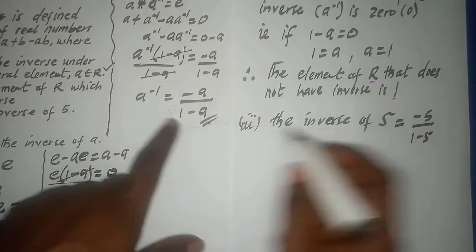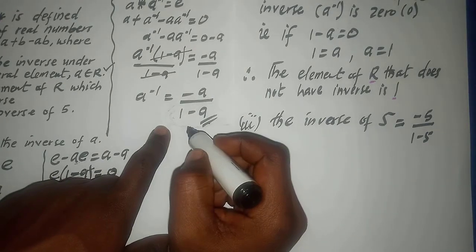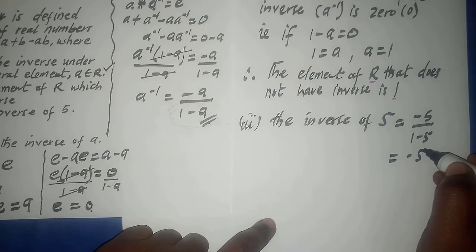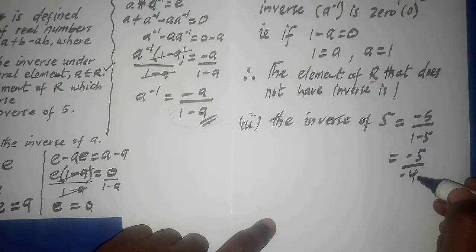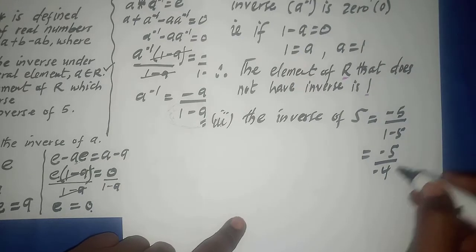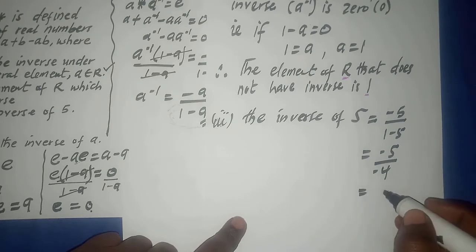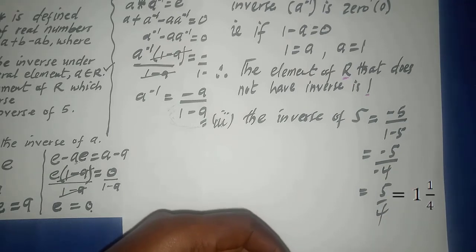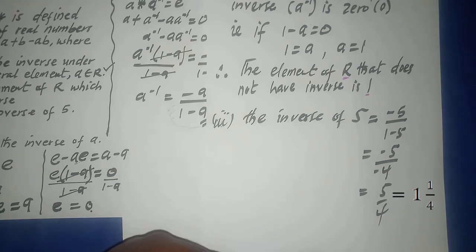You're going to substitute 5 into whatever you got for the inverse. So this one will be equal to negative 5 over negative 4, which is equal to 5 over what? 4. The negative takes care of the negative. So that's the inverse of what? 5.